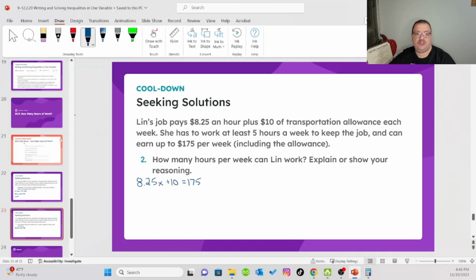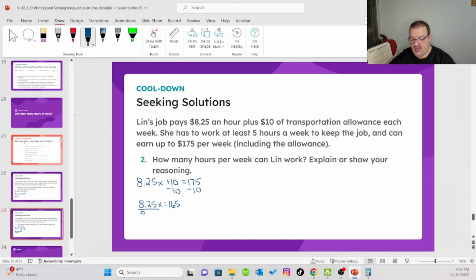This is the most amount of money that she can earn, so it will be the most amount of hours that she can work. We want X by itself, so we're going to subtract 10 from both sides. We have 8.25X equals 165.